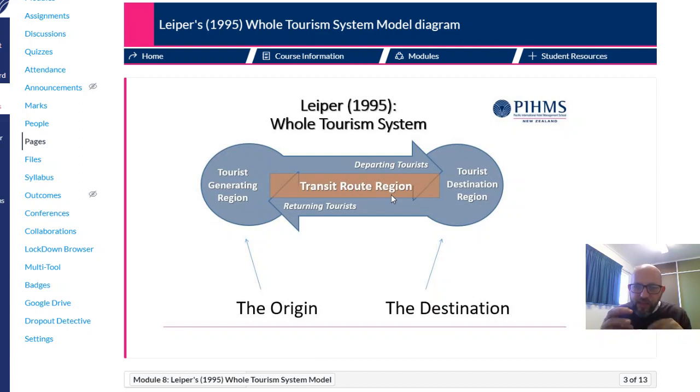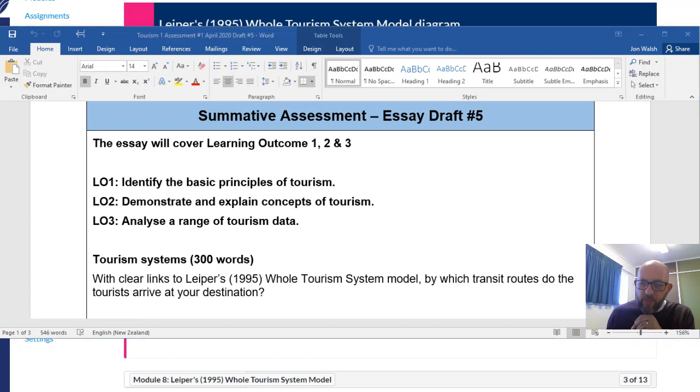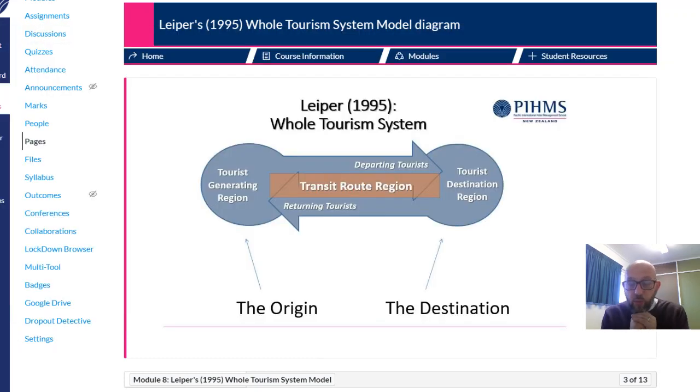So these are the things that I want you to think about when we look at the assignment. We're clearly linked to Leiper's whole tourism system model, by which transit routes take the tourist to arrive at your destination. Now, what I want you to think about there is what you've already talked about in line with your domestic tourists and your international tourists, okay?